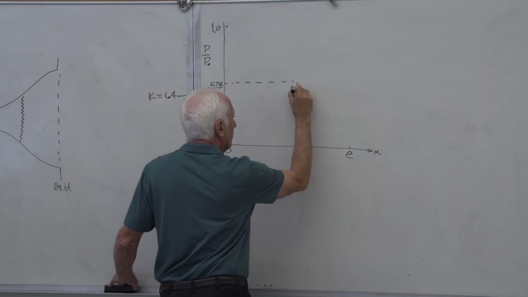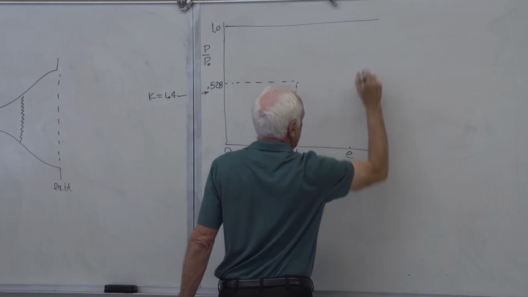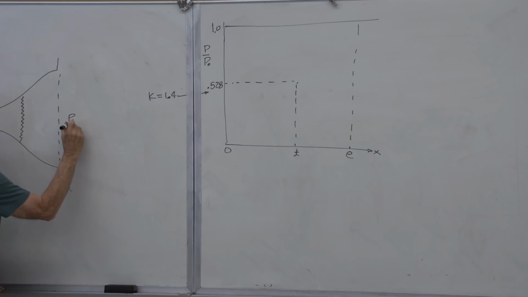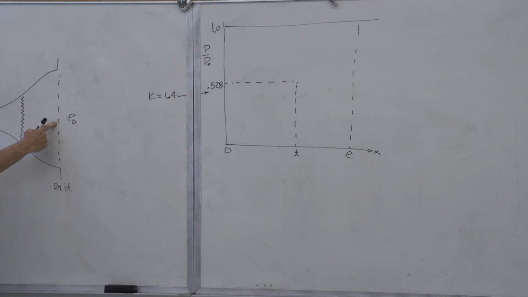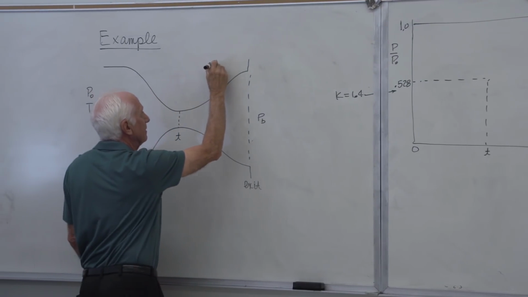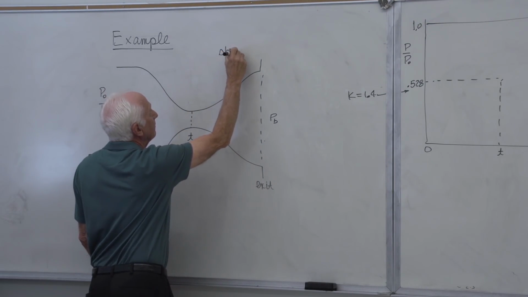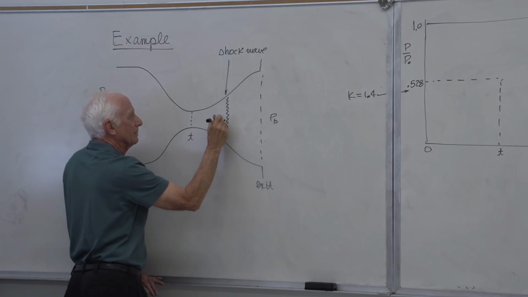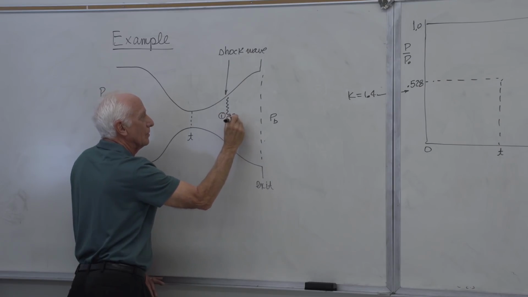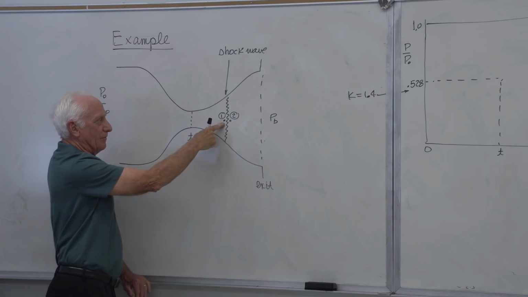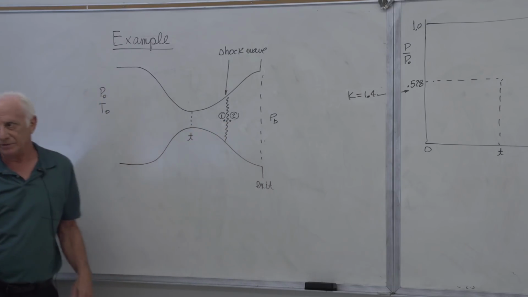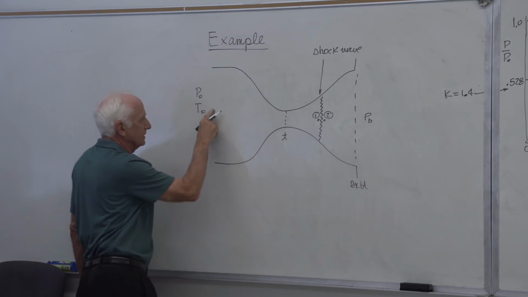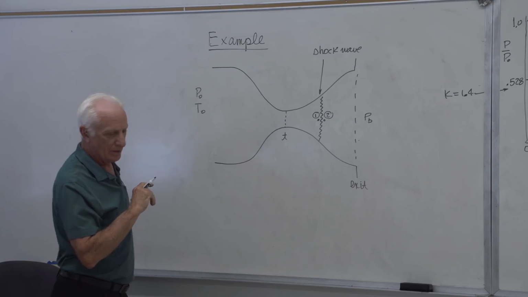This is called the back pressure region. This is the exit pressure here. This is the shock wave here. It's probably best to call these 1 and 2. 1 is the upstream values in front of the shock wave, 2 the downstream values in back of the shock wave. T stands for throat. P naught, T naught are the reservoir pressure and temperature.